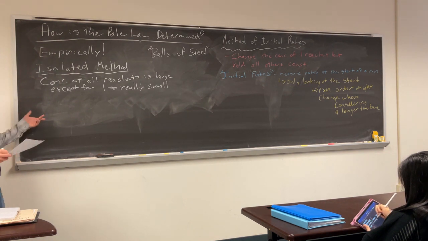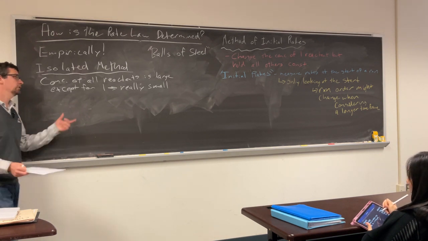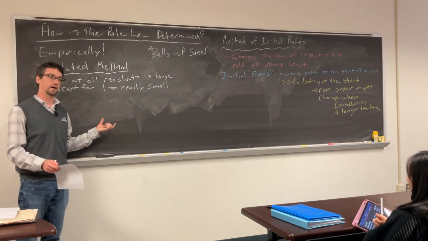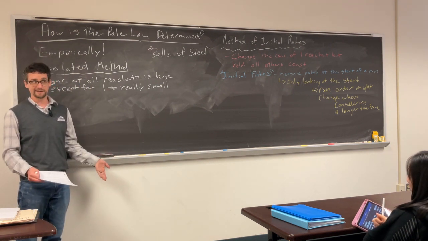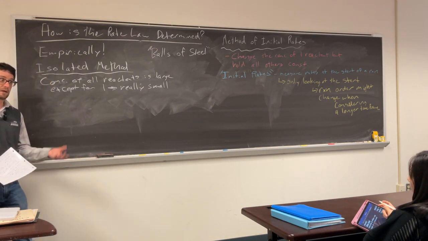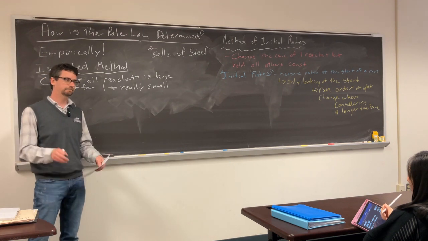And there's a problem with that. What's the problem with that? Do one at a time. These concentrations are really large. That might not be the conditions that you're interested in. At lower concentrations, the mechanism changes.